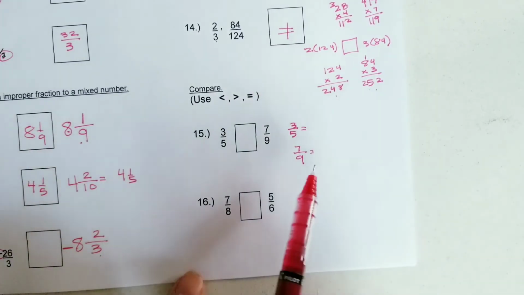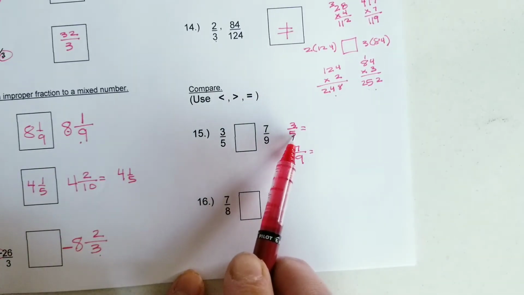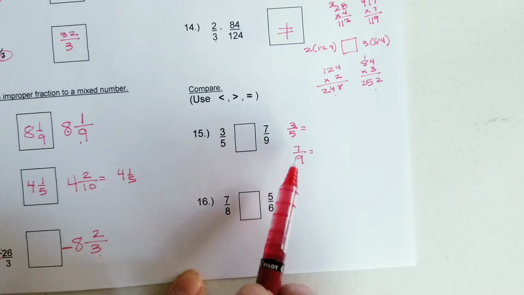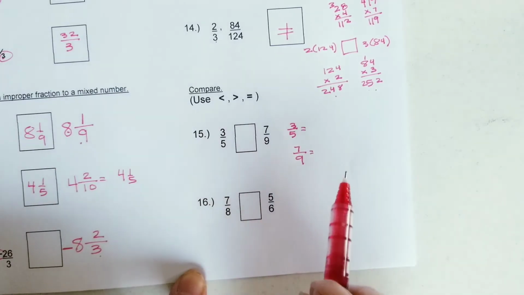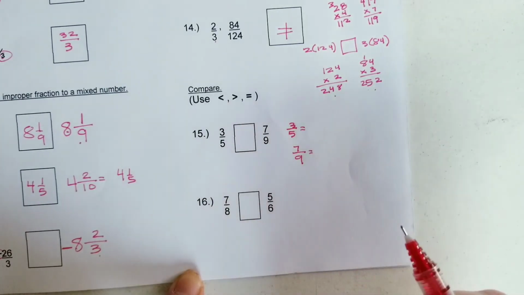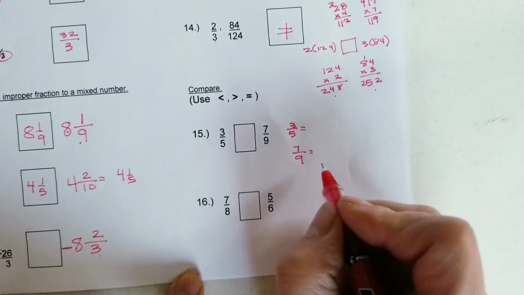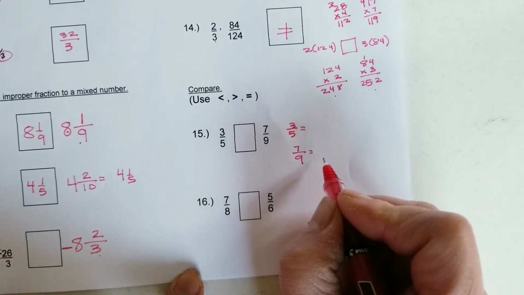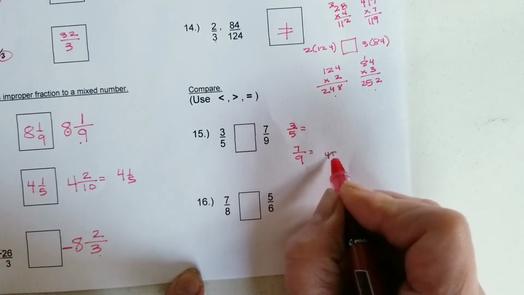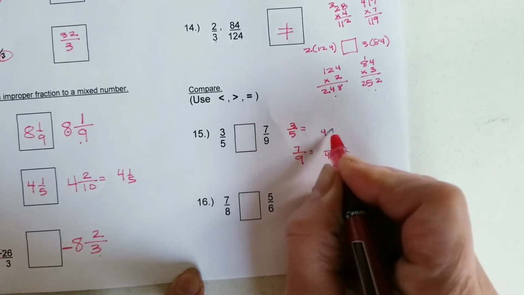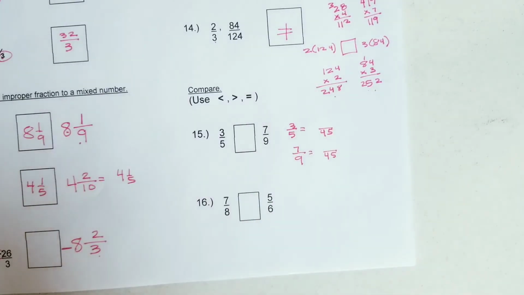So what I mean by that is you will take the 5 and the 9 in your denominator spot, and you will find the lowest common multiple, basically. So that would be 45.